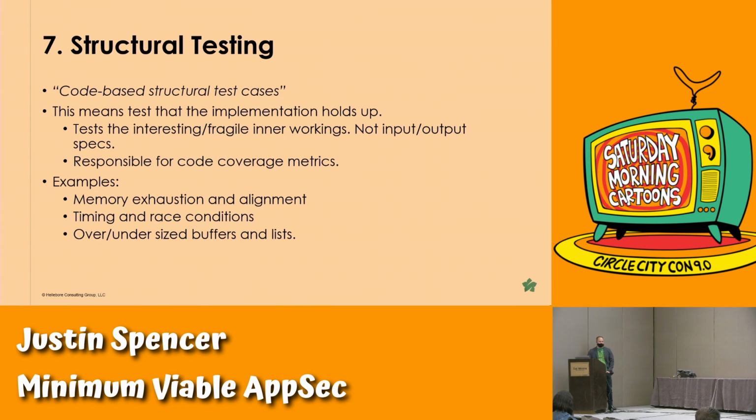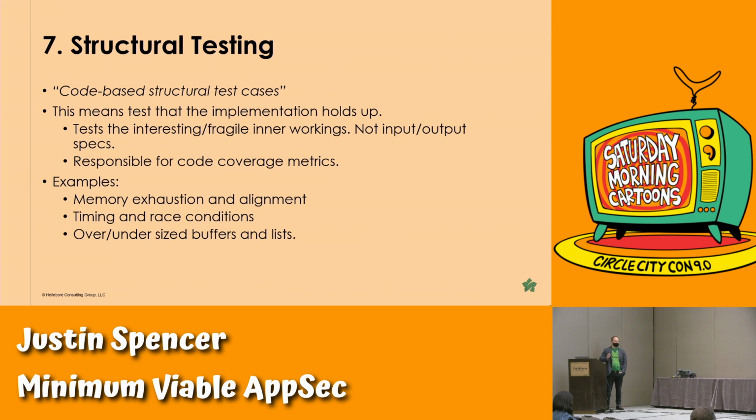Then we've got structural tests, right? Where the previous one was about, hey, does this thing function the way you thought it could and should and would? Structural testing is more about the implementation, and your implementation will vary, right? So a Java application on a JVM has different runtime problems than a C++ application does, running bare metal. And so depending on your implementation, you might want to do different stressing cases: resource exhaustion, different permissions, timing constraints, and race conditions.